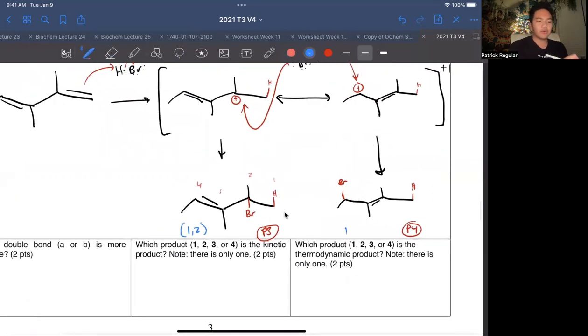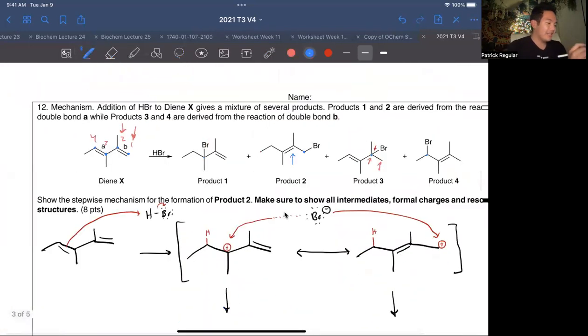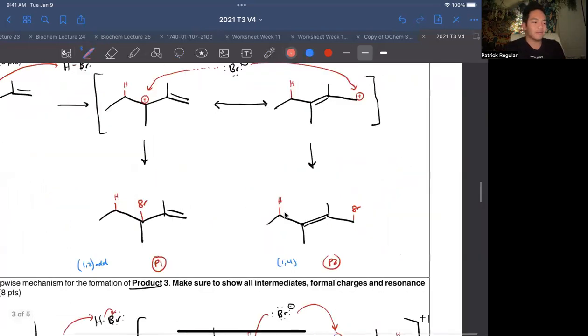And this is obviously our 1,4 addition because it's not the 1,2, but let's just prove it. We're looking at alkene B, which is what we reacted with, 1,4 addition. That would give us product number 4. Our hydrogen went to that first carbon. Bromine, or our nucleophile, went to that fourth carbon, right over here.